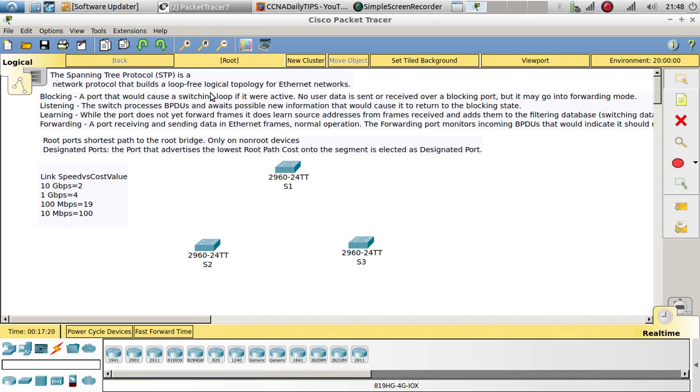Okay, so STP is enabled by default on all the Cisco switches, and the way it does this is, when you plug in a port, it first goes into the blocking state, and then it goes into the listening state.